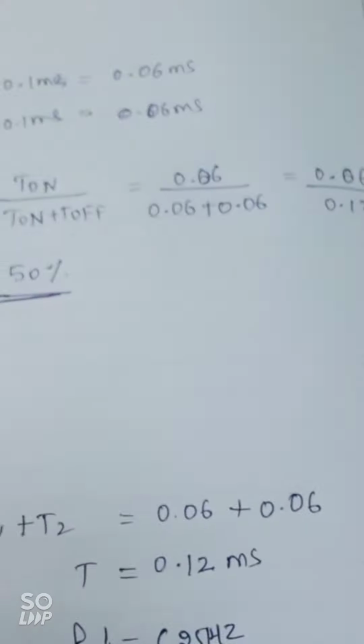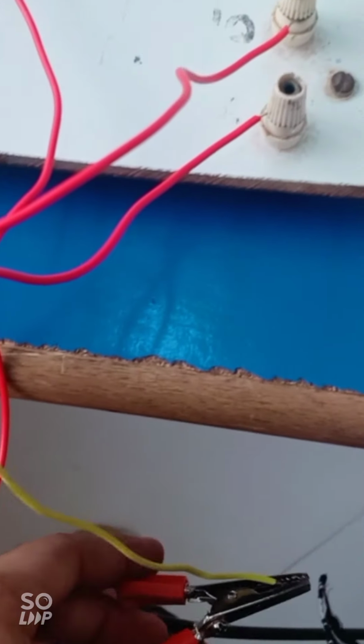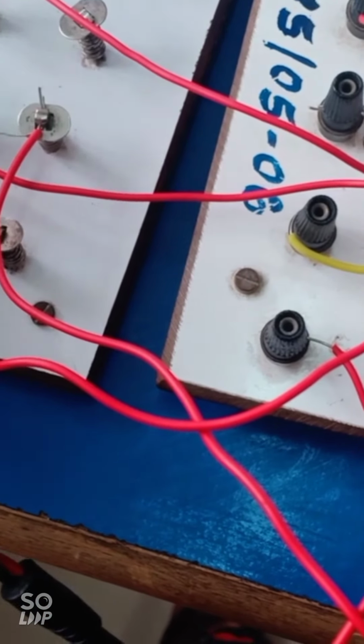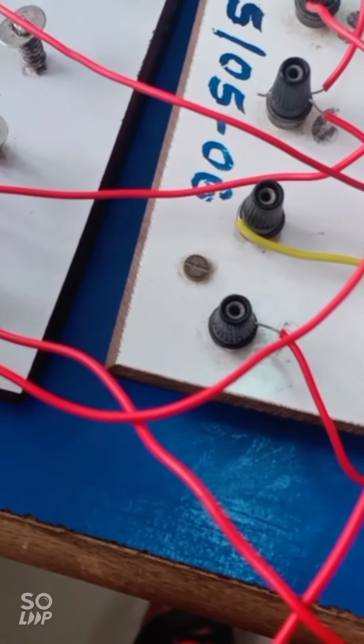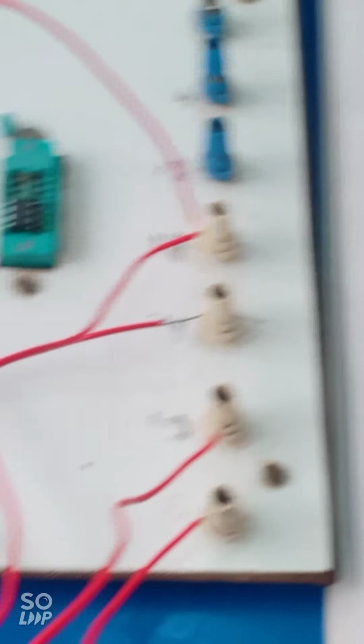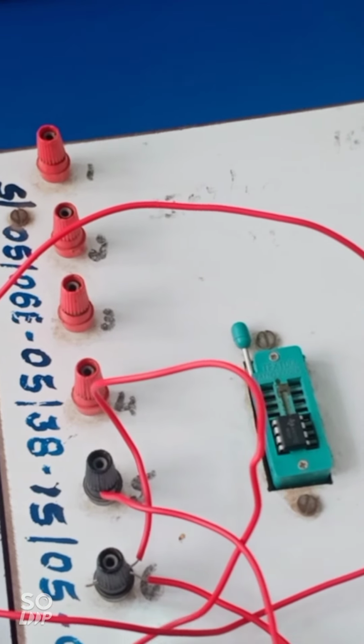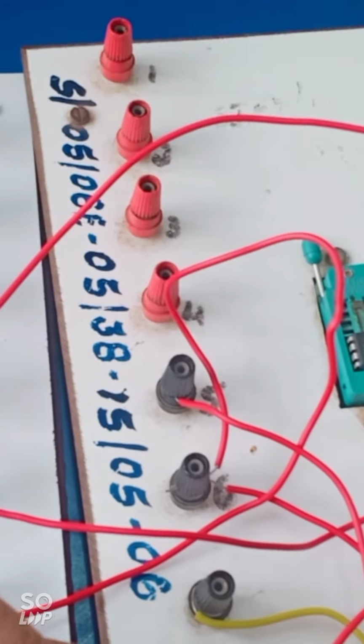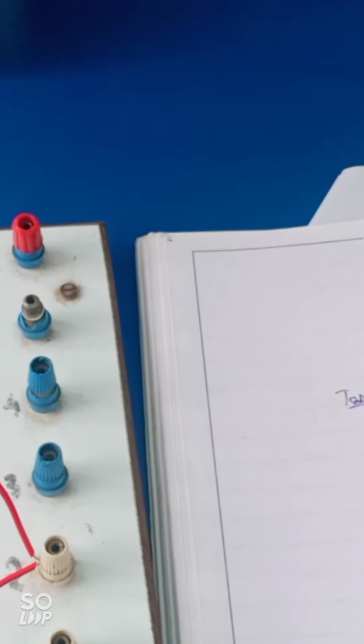Now we can take the 1/3 VCC. For that we need to take the reading across the capacitor. We are getting the charging and discharging waveform.